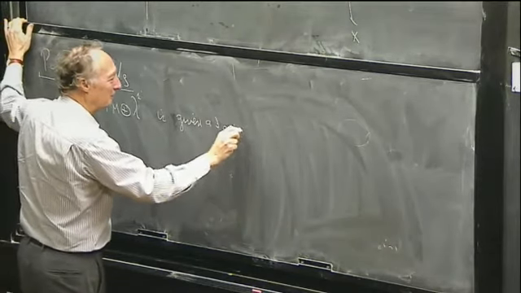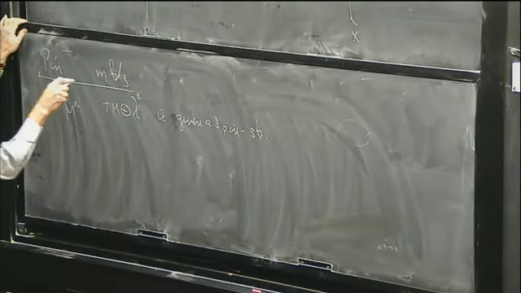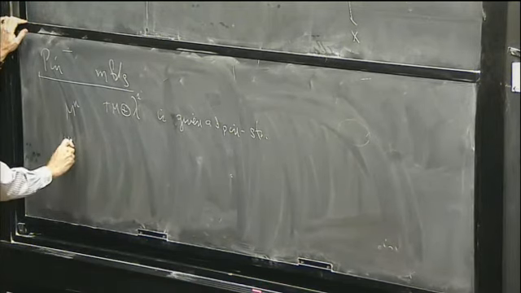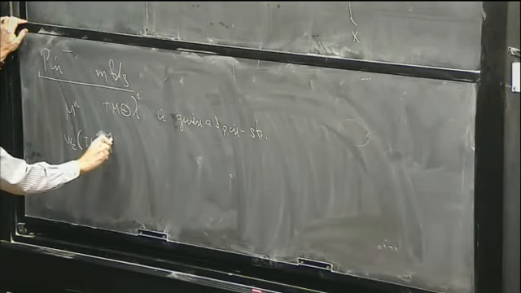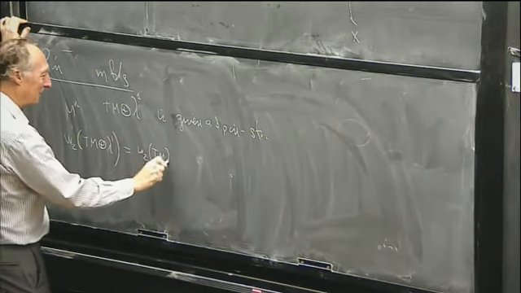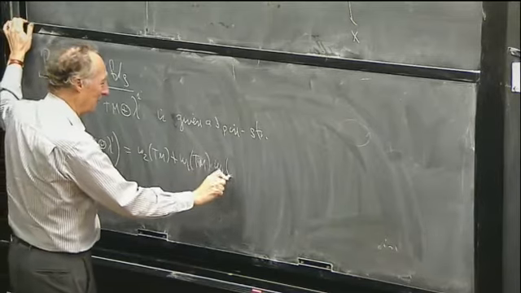So a pin structure on a manifold is a spin structure on the manifold plus a line bundle. Well, let's just think about our Stiefel-Whitney classes. What is W2 of the sum of this? Well, it's W2 of the tangent bundle plus W1 of the tangent bundle times W1 of lambda.